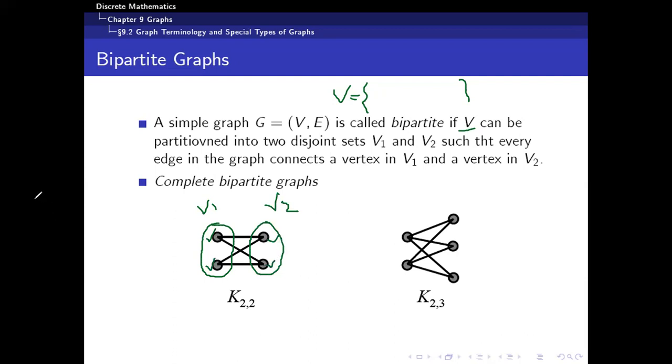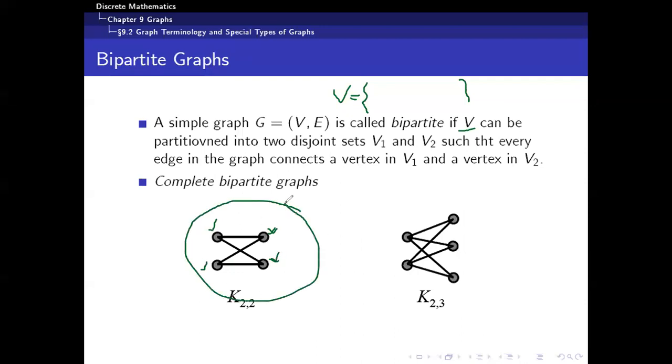And you can find from here that all the edges connect these nodes. That means this one is connected with these two, and this one is also connected with these two. So this type of graph is known as bipartite graph, complete bipartite graph. Am I making it clear?